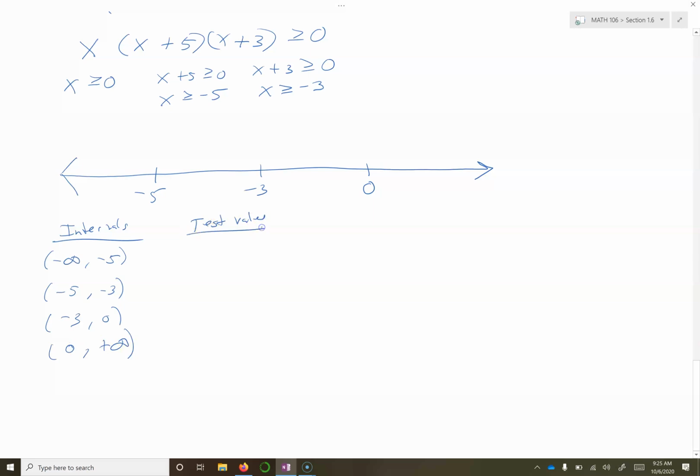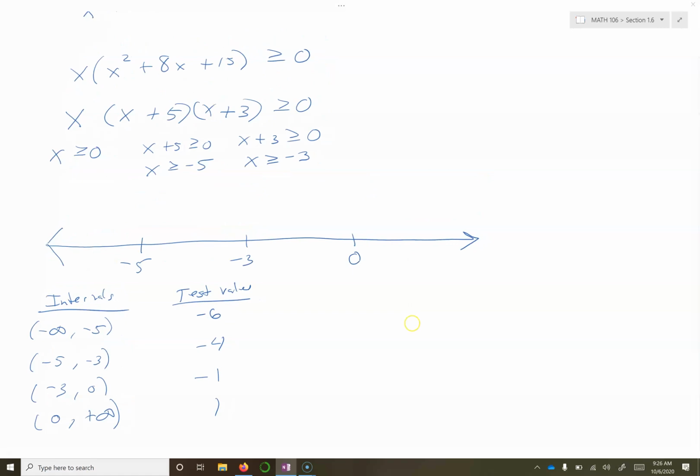And again, you're just trying to pick easy ones. I might do -6 for the first one. Let's see, -4, maybe -1, and then 1. Trying to make it simple. So now I'm looking at x times x plus 5 times x plus 3. Again, I don't care about the numerical result.